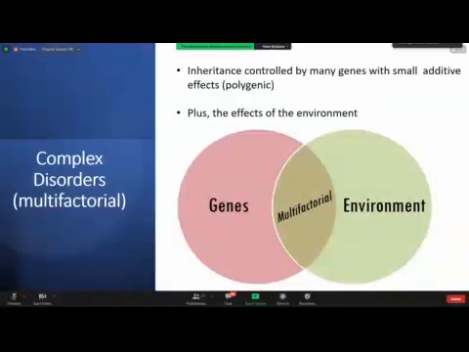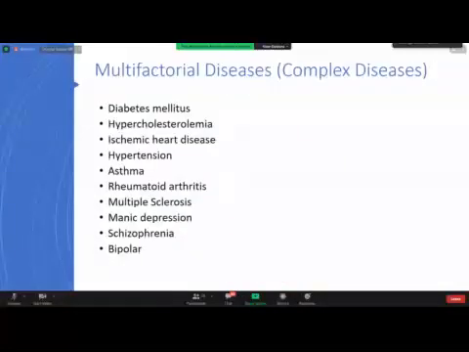So it's gene and environment, and even the gene is not a single gene, it's mutation in multiple genes. But those mutations are not rare, they are mostly common mutations with a cumulative effect of environment, and those common mutations lead to certain diseases that we call complex disorders.